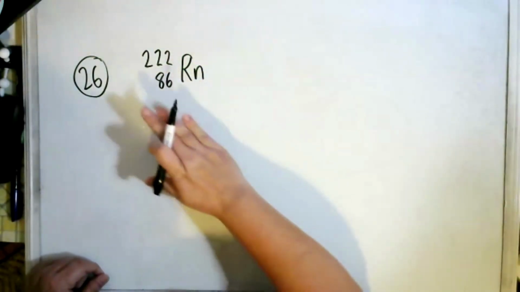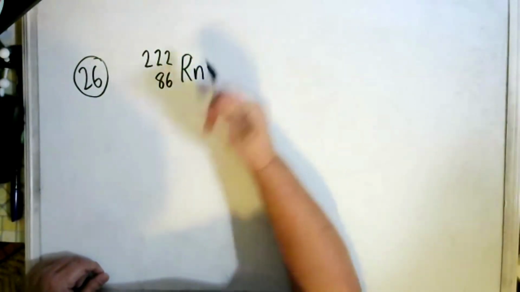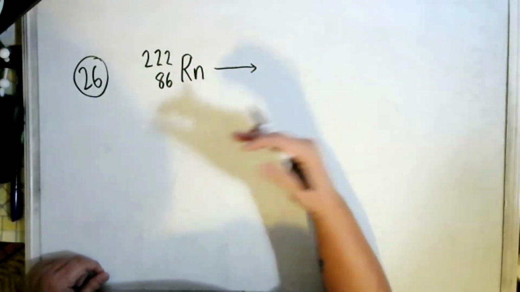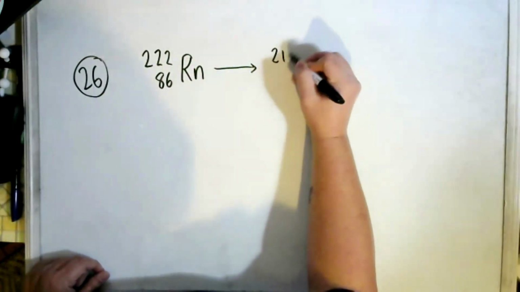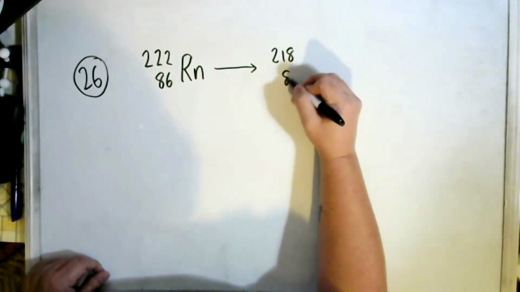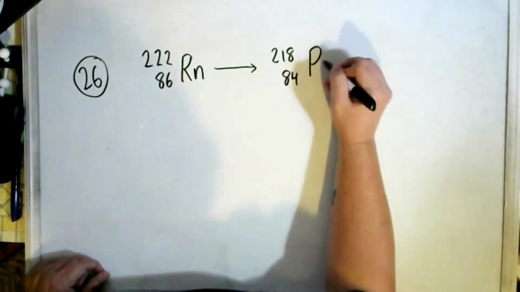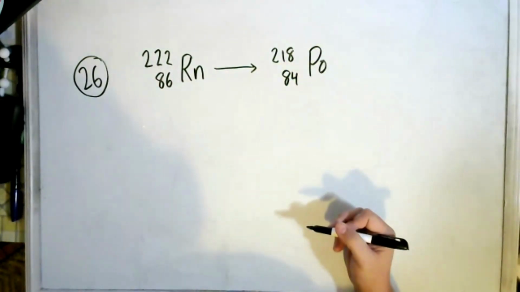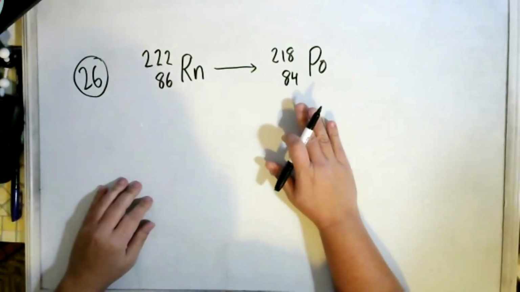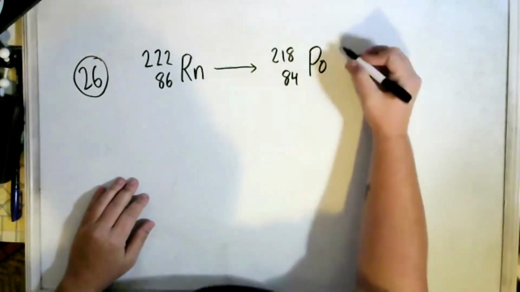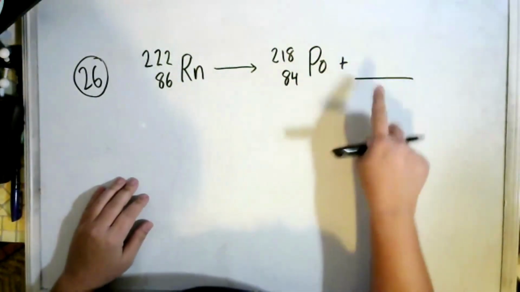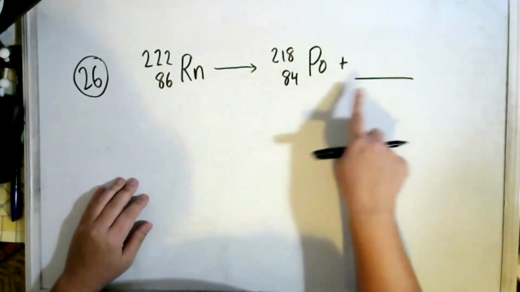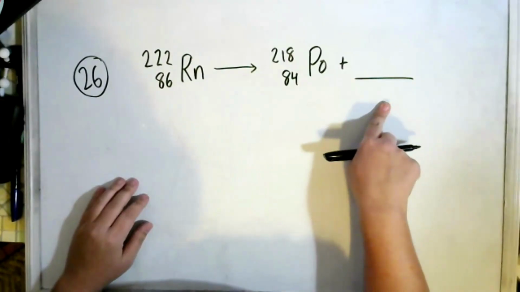You have this isotope and it's going to decay and form this isotope, and it asks through what process. The way you figure out the process is by figuring out what the missing particle is. What's the missing piece of this equation?